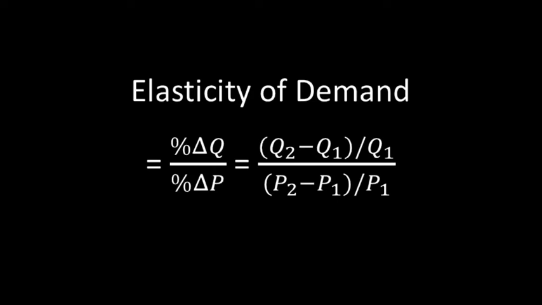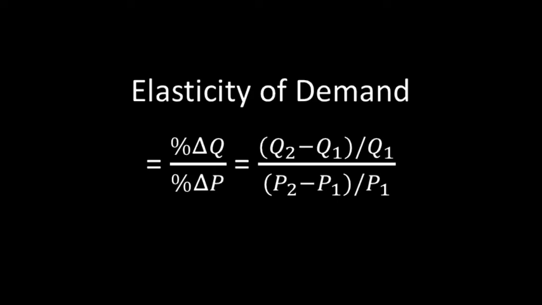So if the denominator is positive, if the percent change in price is positive, then as a result, the percent change in quantity is going to be negative. And so the whole ratio is going to be negative. And the same thing works if the percent change in the price is negative. That means the percent change in the quantity demanded is going to be positive. And so elasticity of demand is always going to be negative.